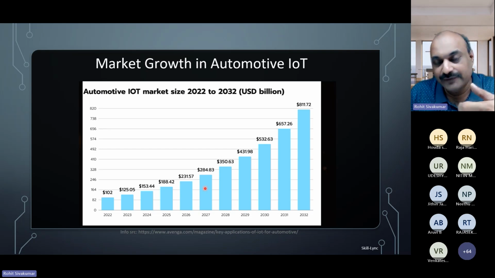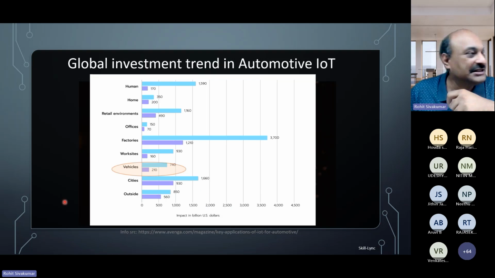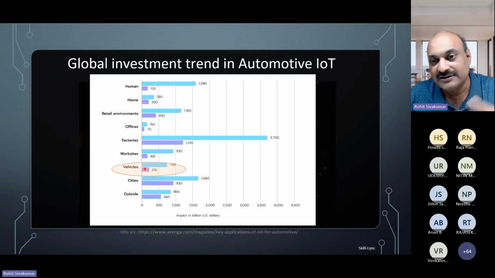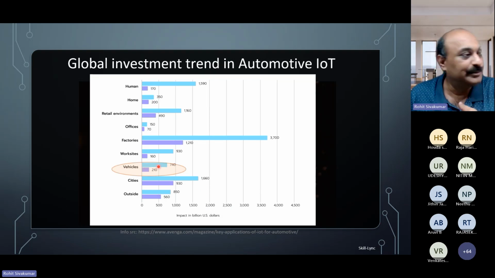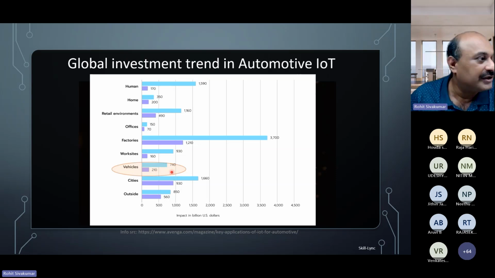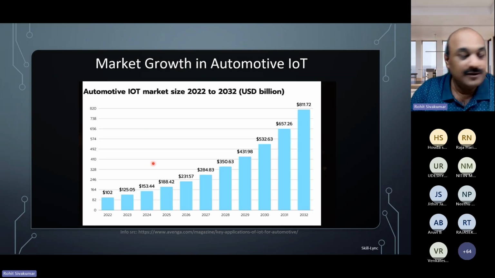One of the significant areas where automotive is really kickstarting is the investment happening inside this trend, with different companies jumping in. The amount of investment in vehicle technology, in terms of software-enabled vehicles, is around $740 billion for the year 2024, and this is the revenue scale we are talking of.